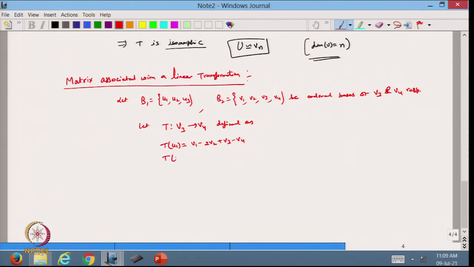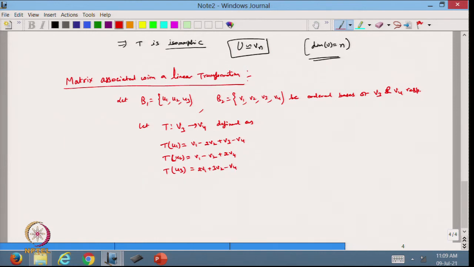T of U2 is given to me as V1 minus V2 plus 2 V4, and T of U3 is equal to 2 V1 plus 3 V2 minus V4.